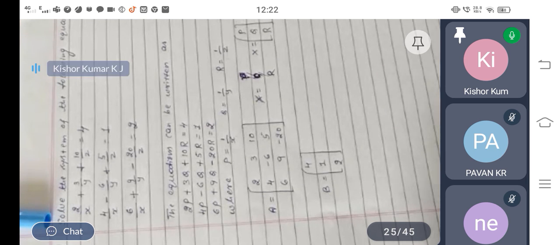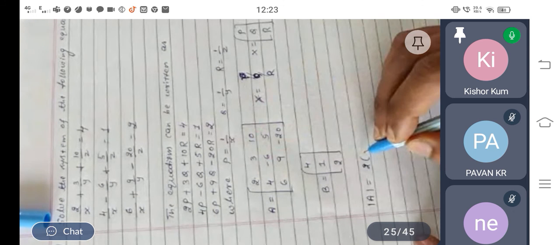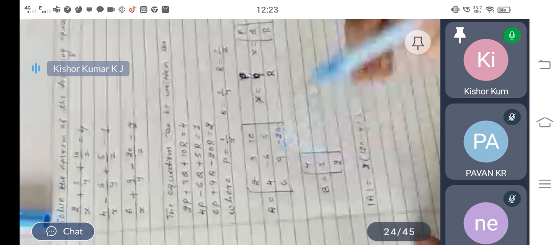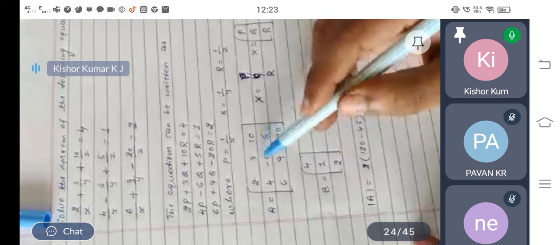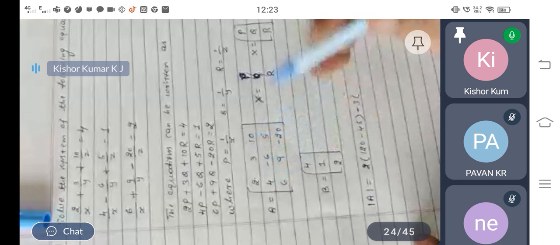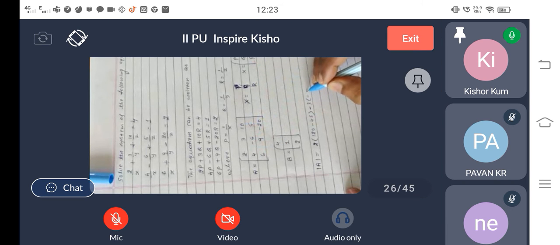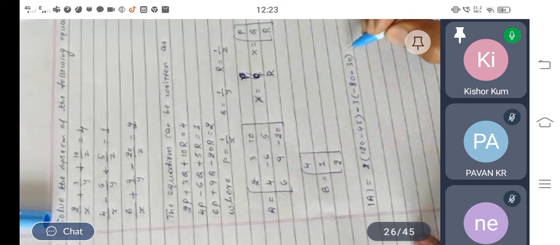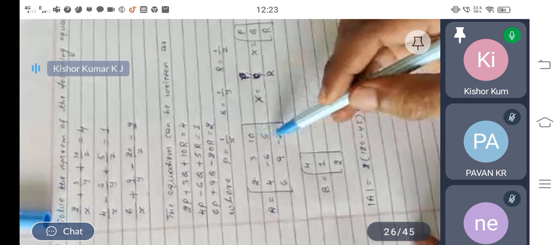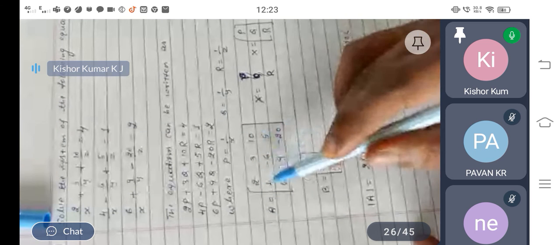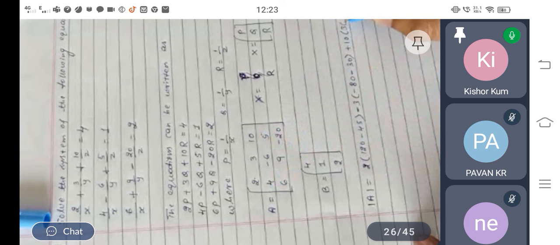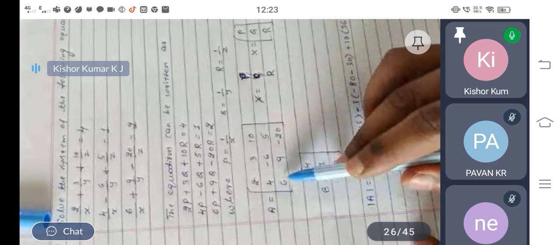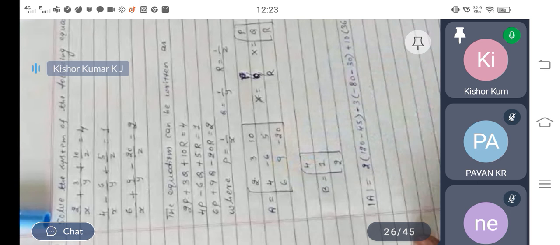It will be 2 into 120 minus 45, minus 3 into, delete the second row and first column, 4 into minus 20, it is minus 80, plus 10 into, delete the last row and third column, 4 into 9 plus 36. Correct? 9 4s are 36, minus of minus 36 will be plus 36.